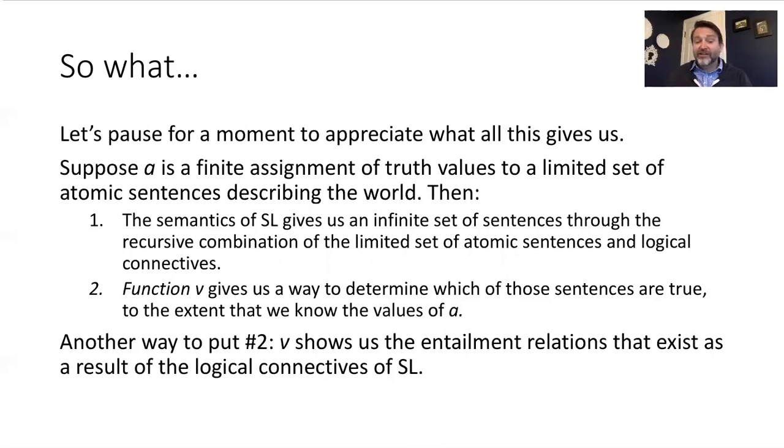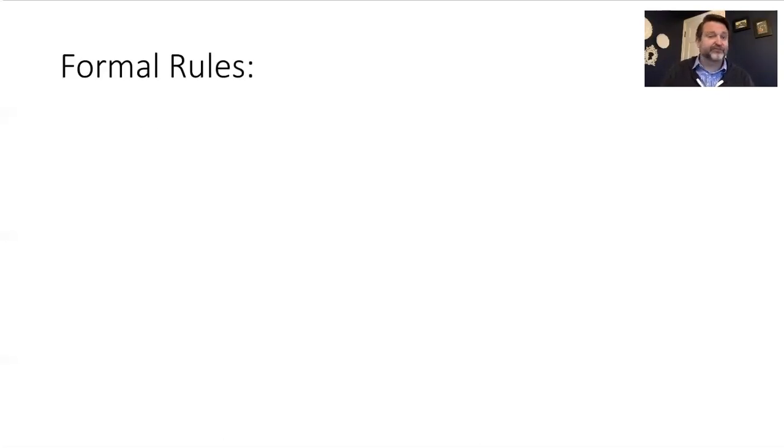Another way to put point 2 is that V shows us the entailment relations that exist as a result of the logical connectives of SL. So it tells us what will be true, what we can infer based upon a limited set of atomic sentences from the connectives of SL. And this is huge.